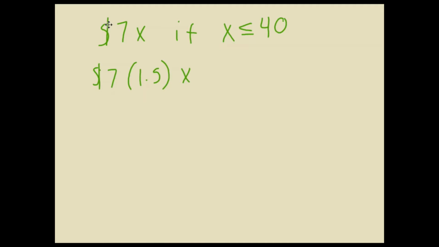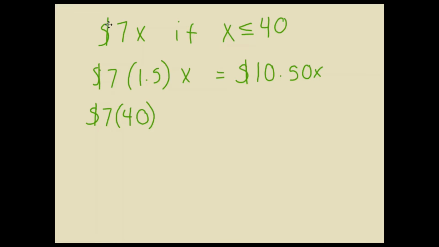It'd be 7 times 1.5 times x number of hours. And that would equal $10.50 times x number of hours over 40. So we already have the first subfunction solved for all of her hours under 40, but let's solve for the second subfunction.